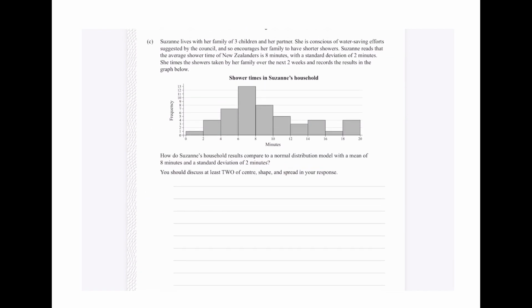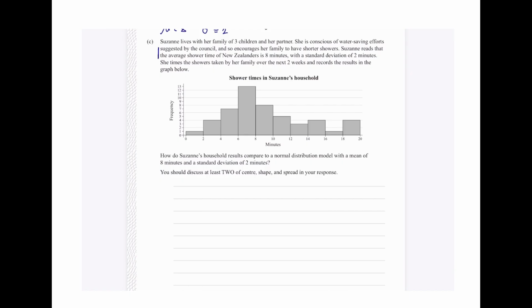All right, part C. Suzanne lives with her family of 3 children and her partner. She's conscious of water saving efforts, and she encourages her family to have short showers. Suzanne reads that the average shower time of New Zealanders is 8 minutes with a standard deviation of 2 minutes. So theoretically, we've got a mean shower time of 8 and a standard deviation of 2, and we're double checking that they're both the same unit.